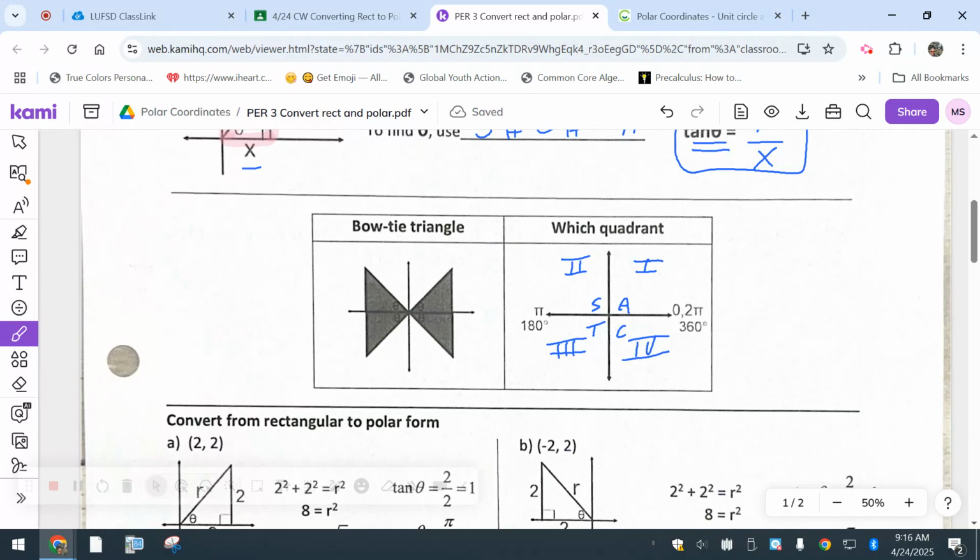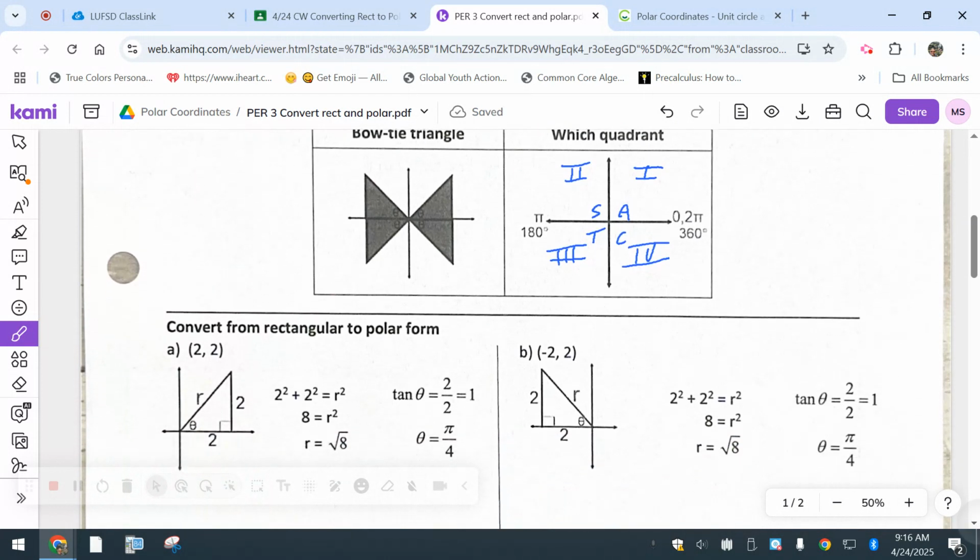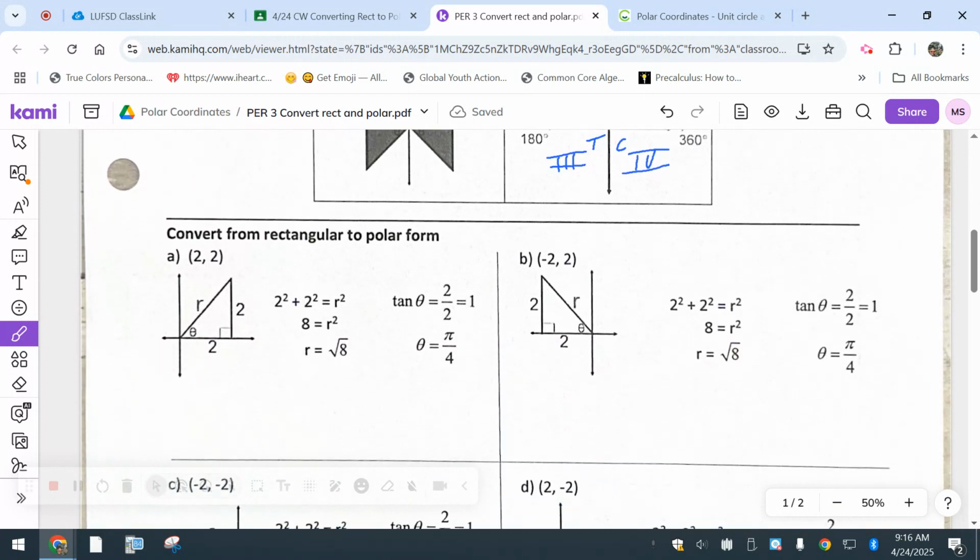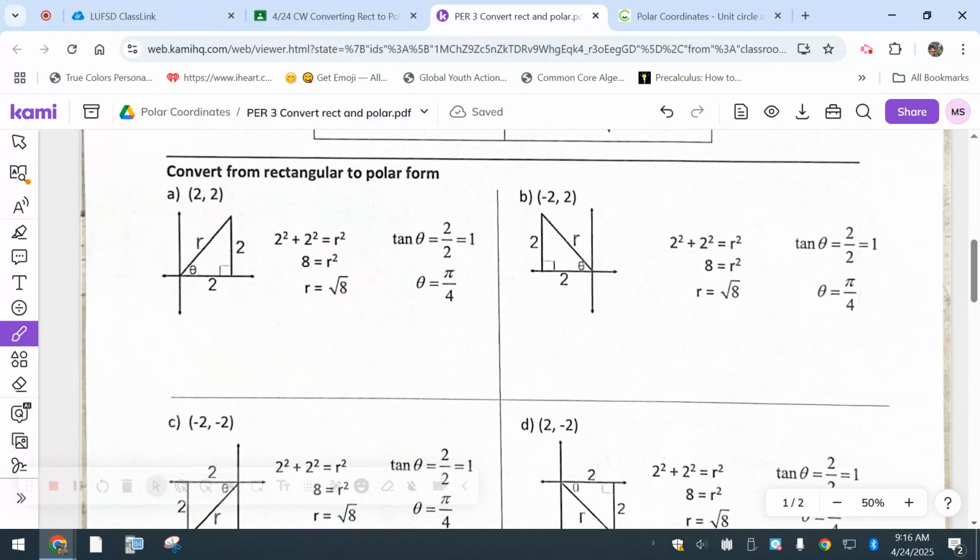All right, so to save a little time, I have 4 problems where a lot of the math was already done for you, but we have to figure out the rest. Okay, so let's look at this first one, 2, 2. You're going to literally plot the point 2, 2.